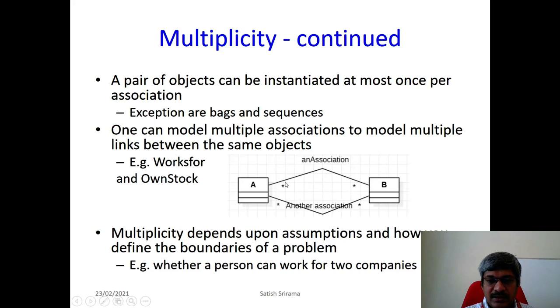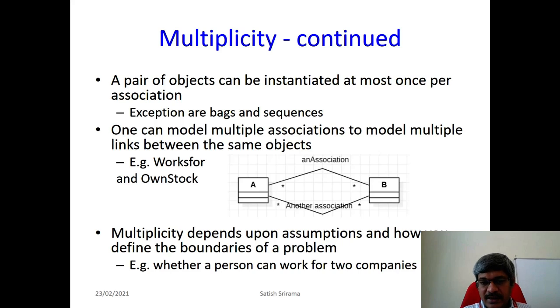See here the multiplicity is star and star, that is a many to many association. Multiplicity always depends upon assumptions and how you define the boundaries of a problem. So for a person, you can define it like a person works for exactly one company, or a person can work in multiple companies as well. It is possible.